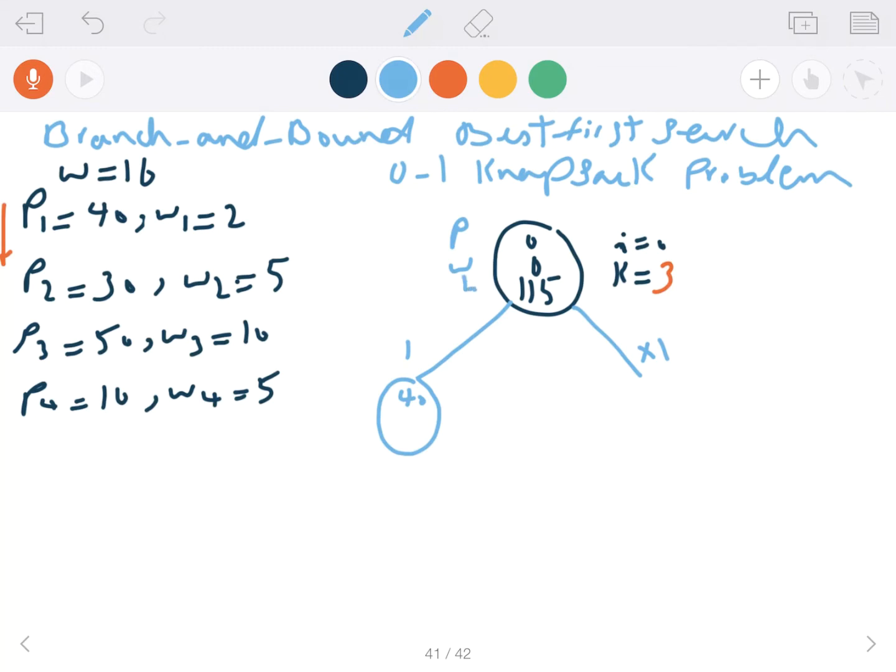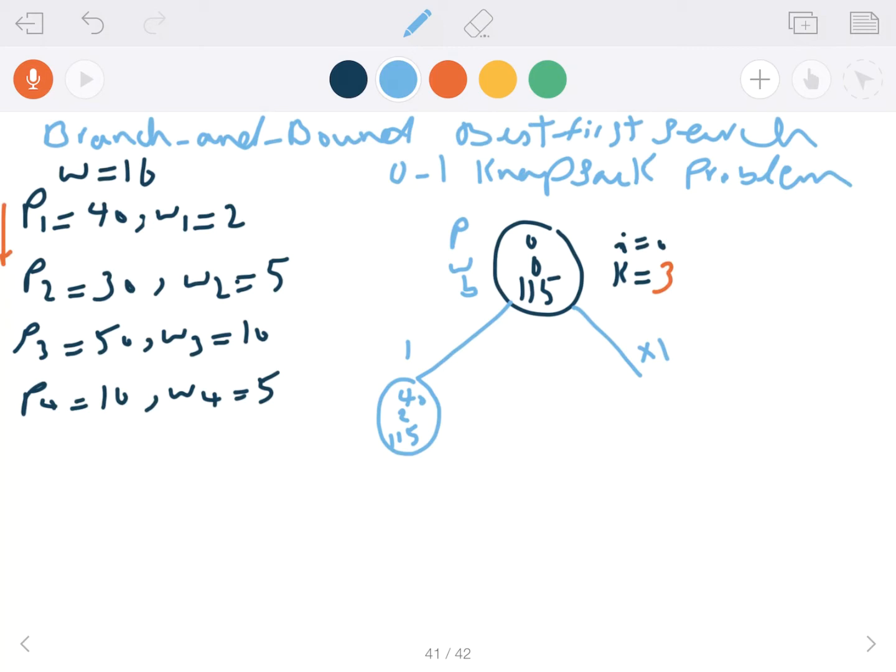So the first one is the profit, which is going to be $40. The weight is going to be 2, and we'll still have the bound equal to 115. You can calculate why it's 115.